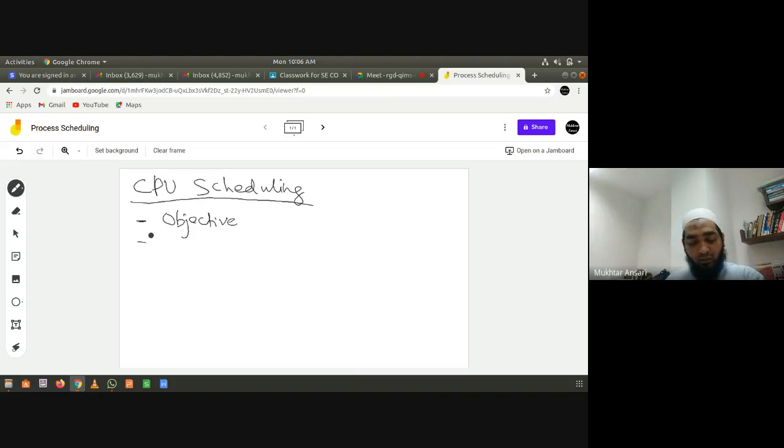Then we have scheduling levels: high level scheduling, low level scheduling, and intermediate level scheduling. These are very small terms, and a few other topics will be coming soon. They are added in this topic in order to understand the algorithms properly, so that when we learn about the algorithms, it will not be difficult to understand.